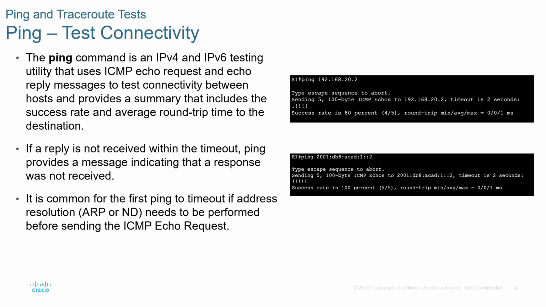A Q is the source quench, basically a destination too busy to respond. An M means the response could not be fragmented. A question mark means an unknown packet type response, and an ampersand means a packet life has exceeded. It's important to know these because on the CCNA exam, these are things that pop up that people don't always think about.